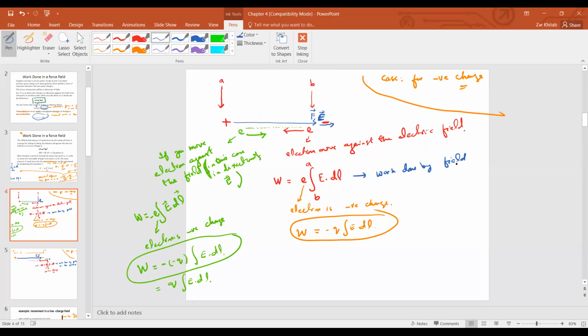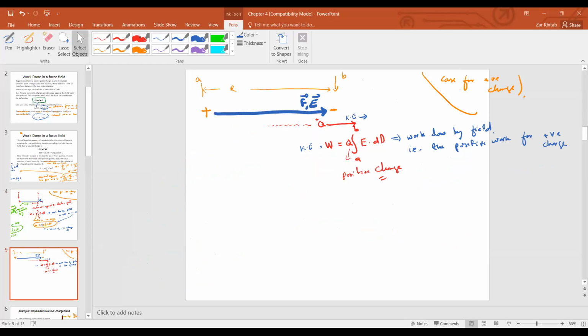And this work done by the field is positive on a positive charge. Do you understand this thing? In the previous case, the work done by the field was positive on a negative charge, and the negative sign is because of the negative charge. You should understand the difference now.